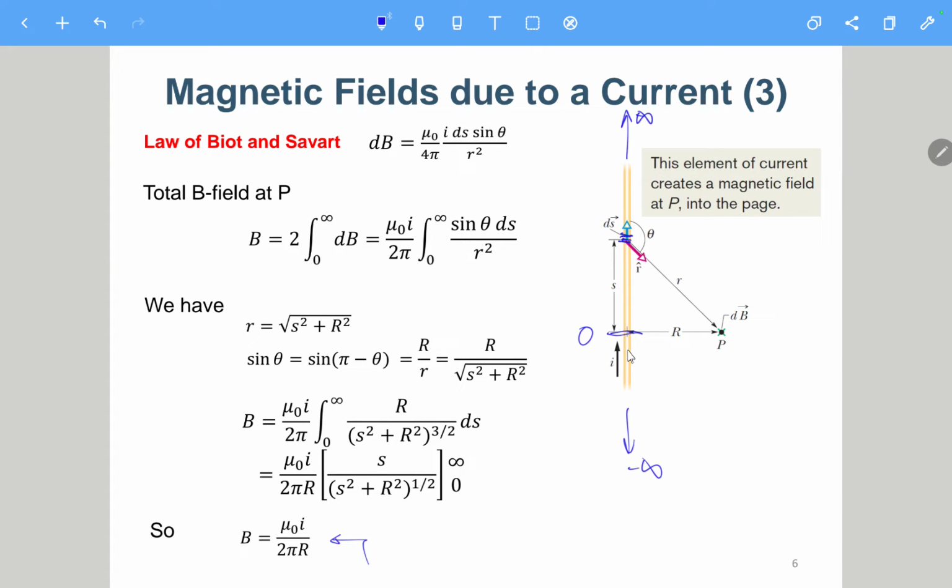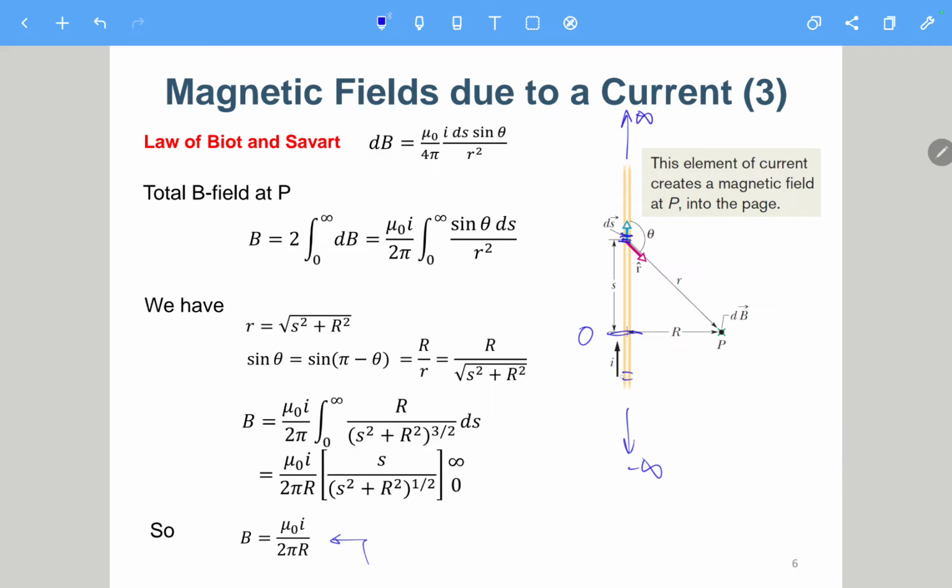Here we can simply use the right-hand rule to determine the direction of the B field. So for example, for this one, ds is pointing upward, and r is pointing this side. If you use the right-hand rule from ds to r, then your thumb should be pointing into the page.